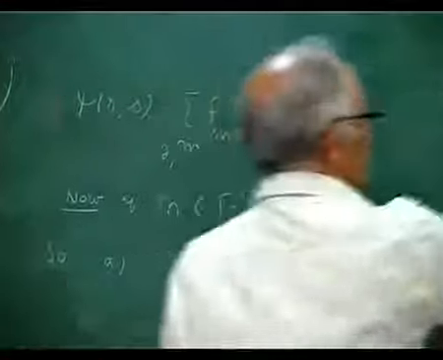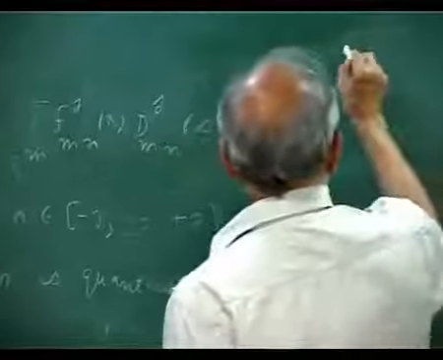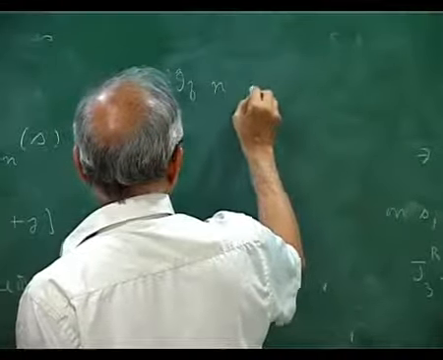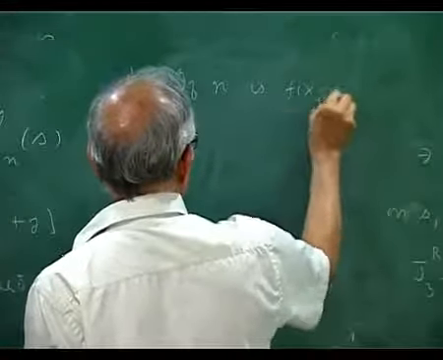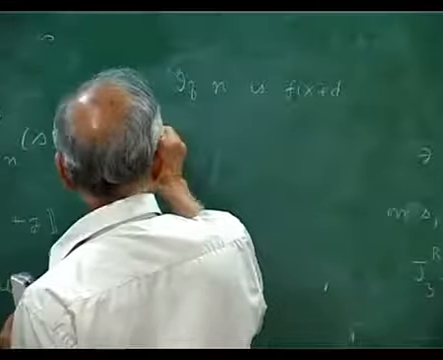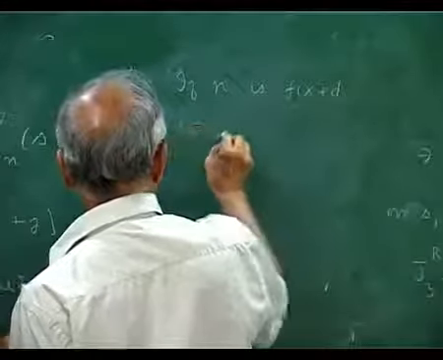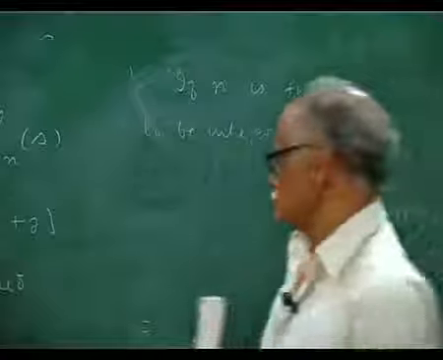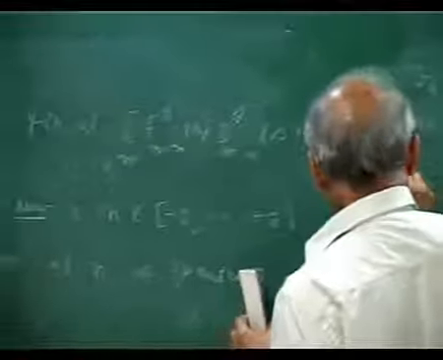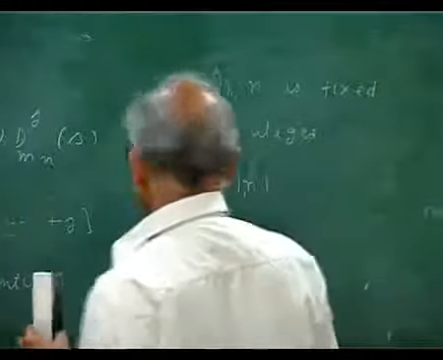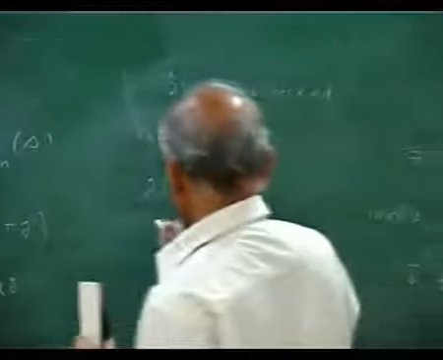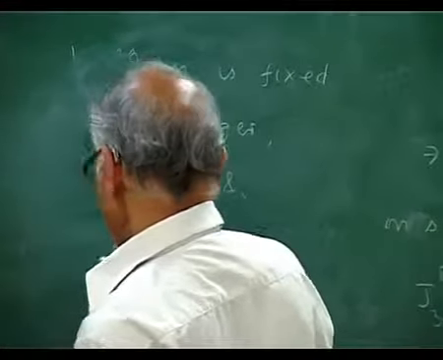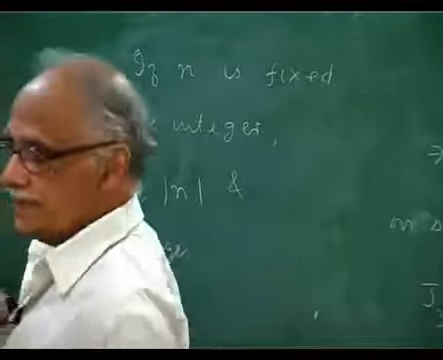If we fix n to some integer value, then j should be greater than or equal to mod n, because the maximum value of n is j.